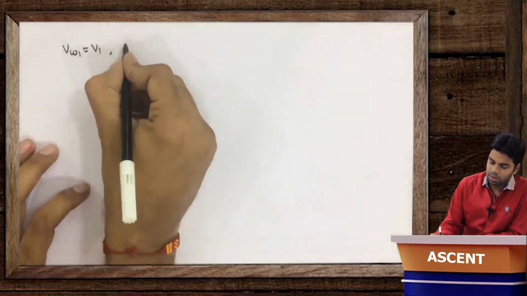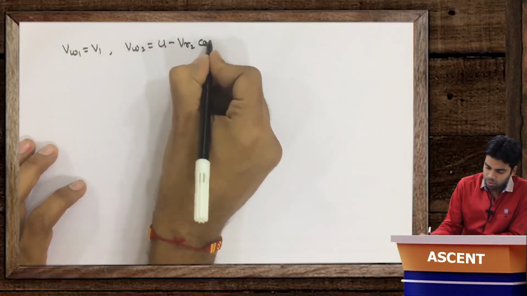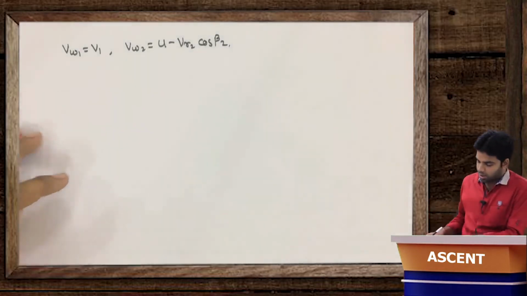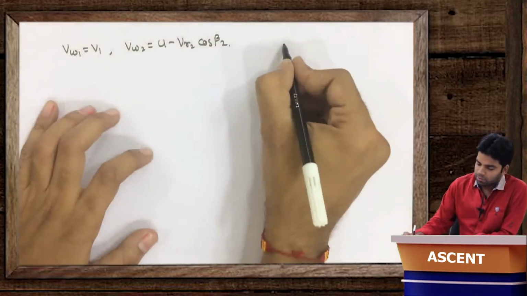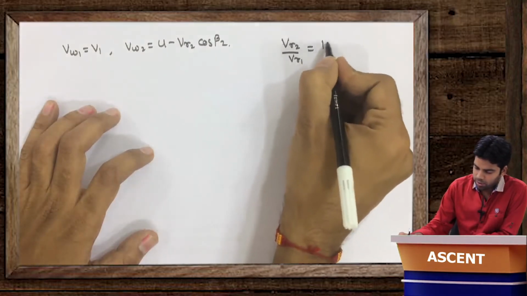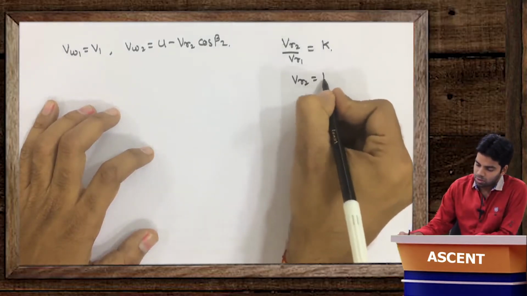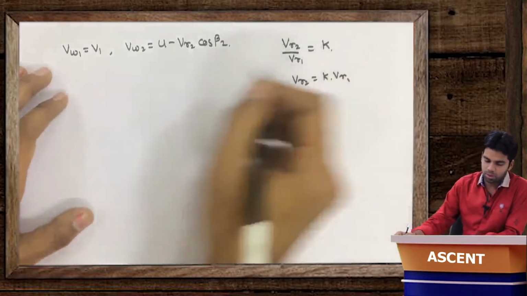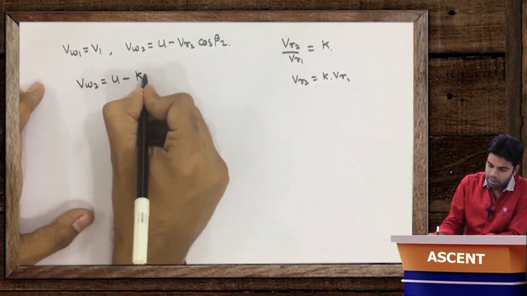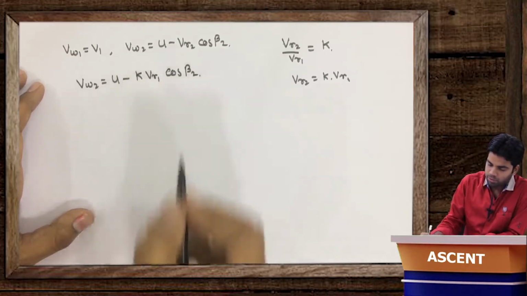As I told you, VR2 by VR1 is equal to K, where K is less than 1, or you can say VR2 is equal to K into VR1. So just put the value: VW2 will be equal to U minus K VR1 into cos beta 2.